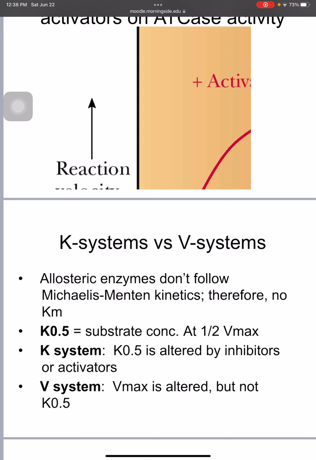And this is analogous to what we saw with Michaelis-Menten, where K sub M remained the same, but Vmax was lowered. A lot of confusing terminology here, I know. But really, the definitions are the same. We're just changing the terminology that you use. You just have to know which ones to apply to which systems.